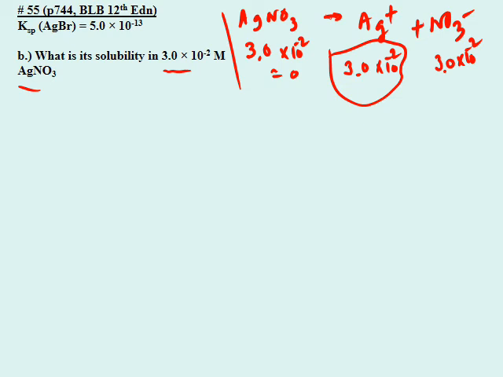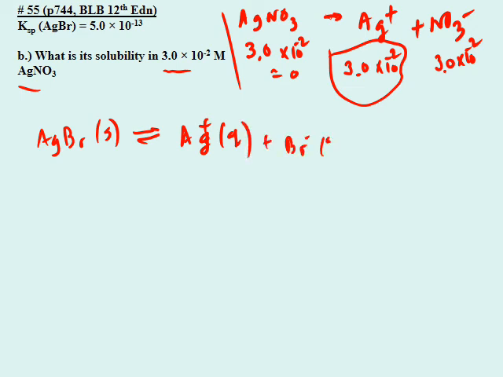Now let's write down one solubility expression. Silver bromide solid breaks down into silver plus aqueous plus Br minus aqueous. Okay. Now, initial concentration.